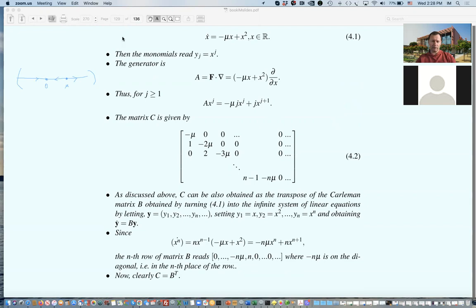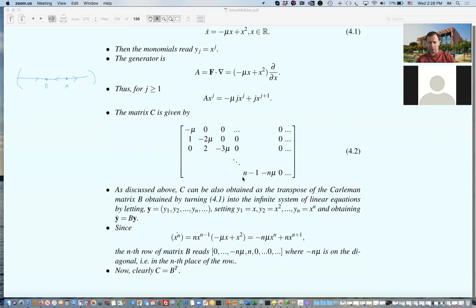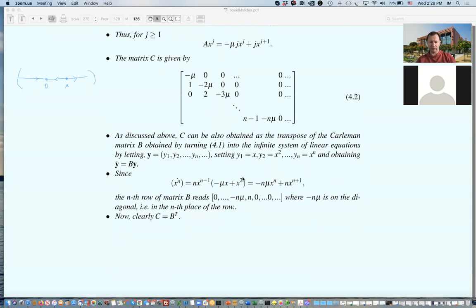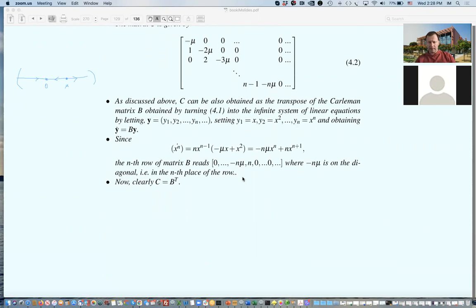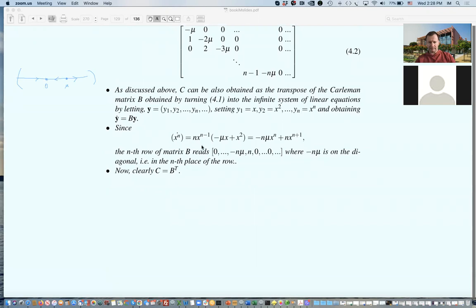So now we are at the point where we understood the Carleman linearization. And we understood what's its connection with the Koopman representation on a monomial basis. And so now we can differentiate the nth monomial x to the n to obtain n x to the n minus 1 times the vector field minus mu x plus x squared.